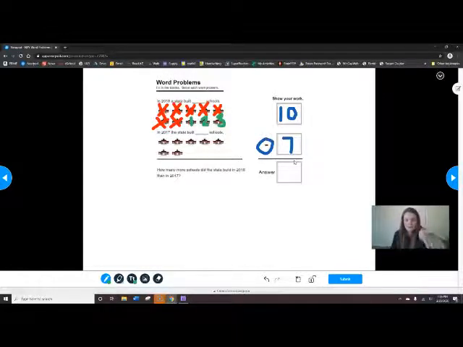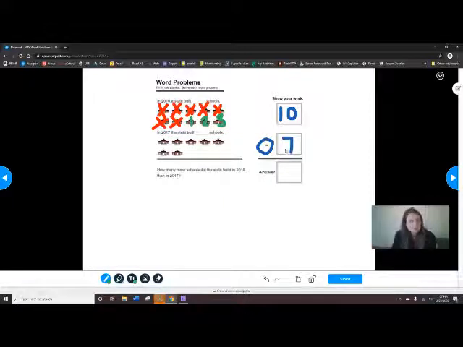So I have 10 paper clips in my hand. I could take 7 away. I'll put 7 back in the container. One at a time. 1, 2, 3, 4, 5, 6, 7. Now let's see how many I have left in my hands. I have 3 paper clips left. So 10 minus 7 is 3.